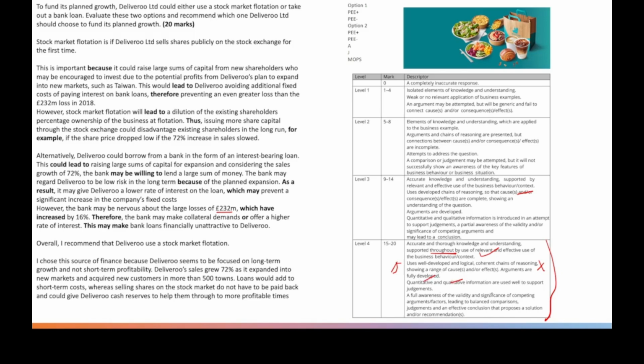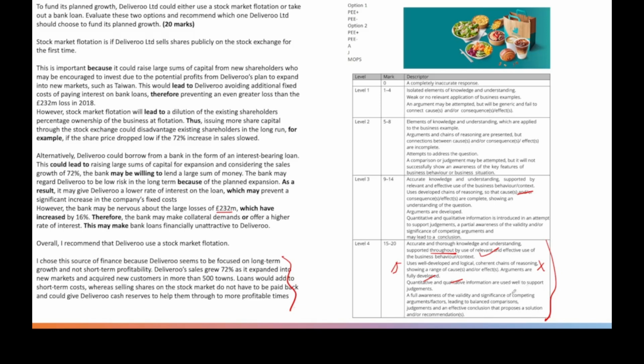A full awareness of validity and significance of competing arguments. Well, this is where our justification comes in. This is where we're bad-mouthing the competition in some ways. Okay, I've chosen this one because, and then you explained it in context. That's what the examiners are looking for with a justification, not just a repeat of an argument that you've already had the marks for.